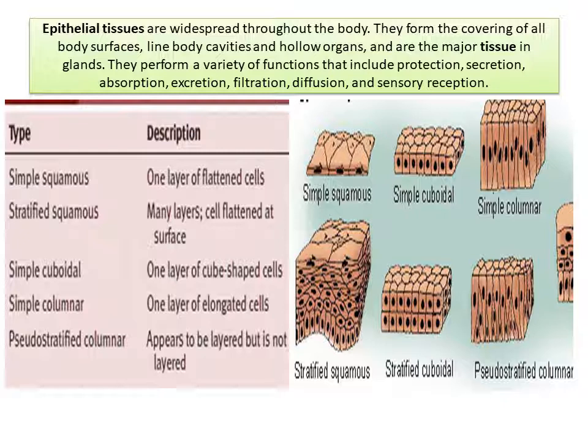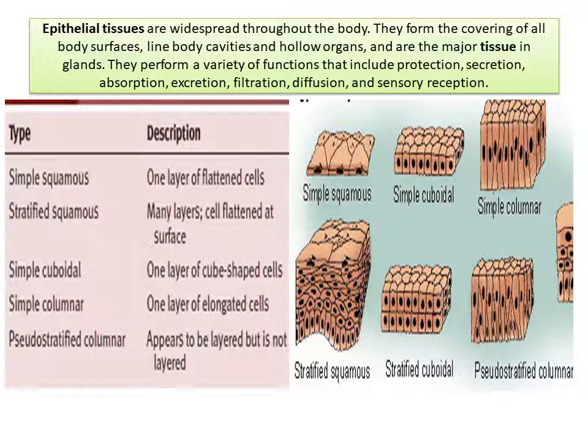Now what are the different types of epithelial tissue? Simple squamous, stratified squamous, simple cuboidal, simple columnar, and pseudo-stratified columnar. Children, these are the types which are mentioned in our book. Squamous are flattened cells, flat cells.